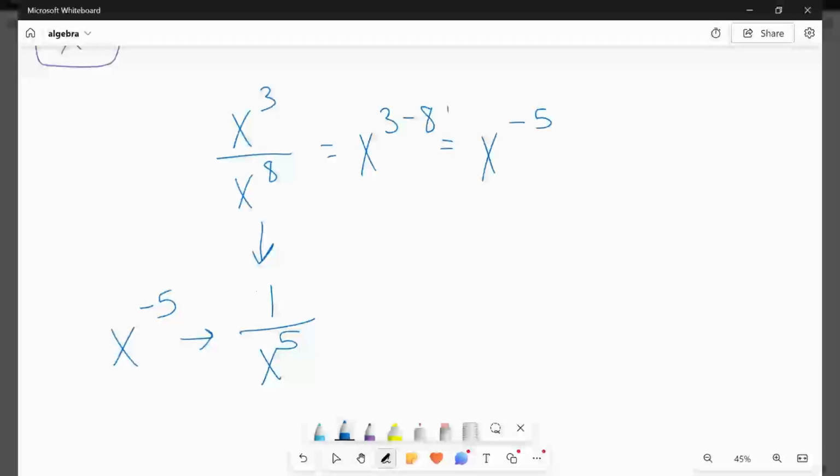So the trick here is, if you have higher power on the bottom, like we do right here, so 8 obviously greater than 3, then we want to keep the final power on the bottom in order to keep it a positive number. So we'll run through another example to clarify.